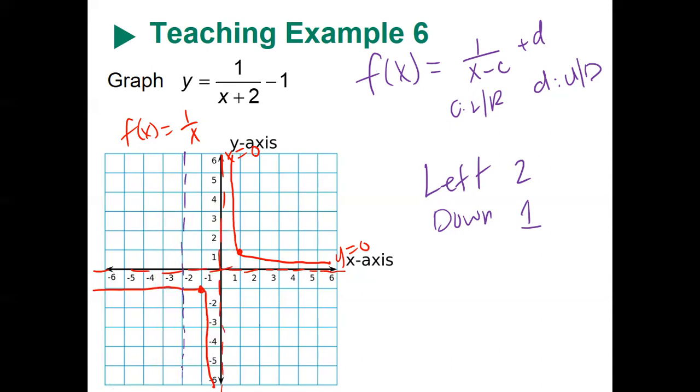My horizontal asymptote is being moved down 1. And I'm going to do the same thing to my points. This point goes left 2, down 1. This point goes left 2, down 1. And here is my transformed function.